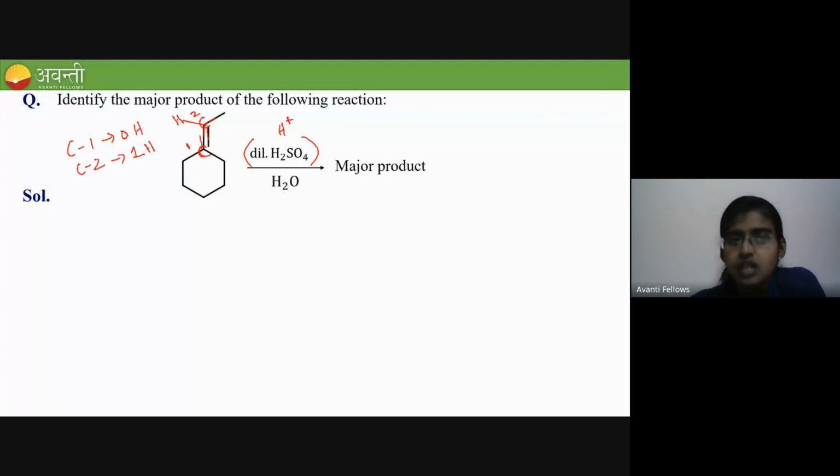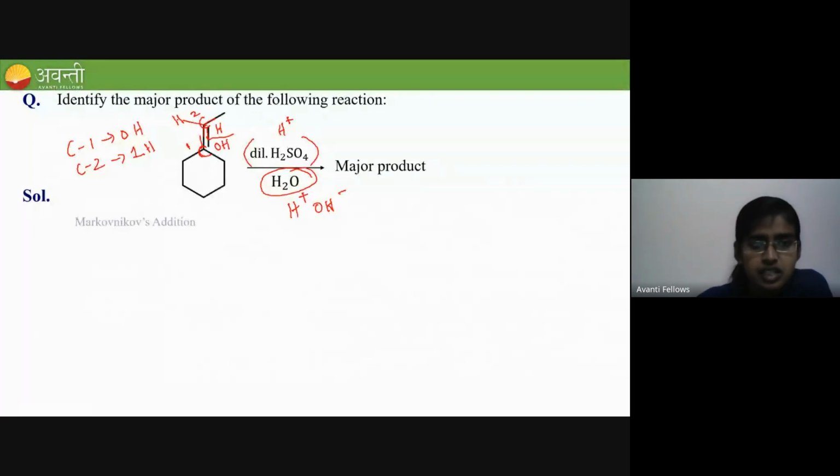Now you follow the Markovnikov addition. Where does the H+ and OH- go? Break the bond, add the H+ to the carbon which has more hydrogens, here carbon number 2. So add hydrogen here and OH here.